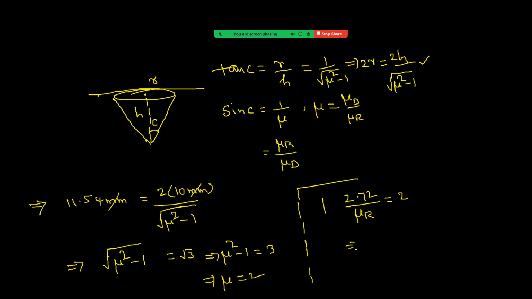So from this mu r is equal to 2.72 by 2, that is 1.36. Okay. So just taking r equal to h upon square root of mu square minus 1, and just putting values in that, we get the answer.